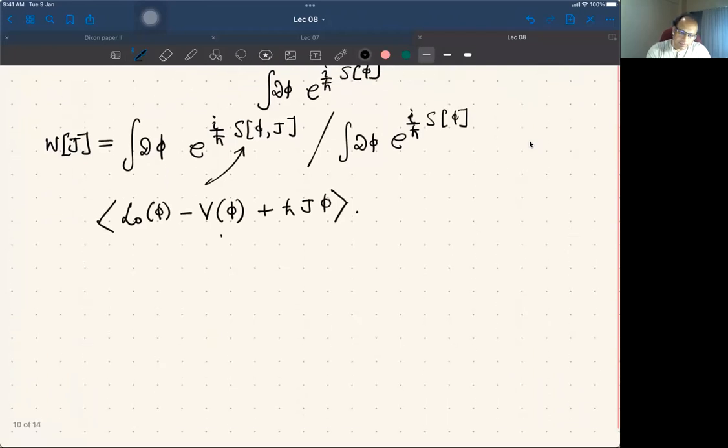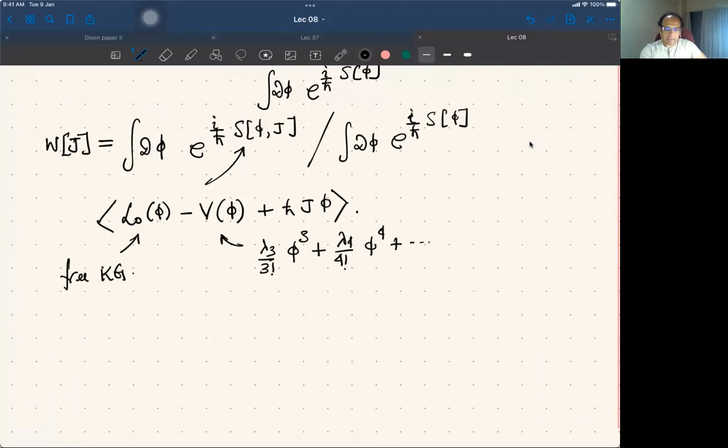Okay, and this V[phi] is given by lambda 3 by factorial 3 phi cube plus lambda 4 by factorial 4 phi to the power 4, and so on. This is the free Klein-Gordon Lagrangian density.